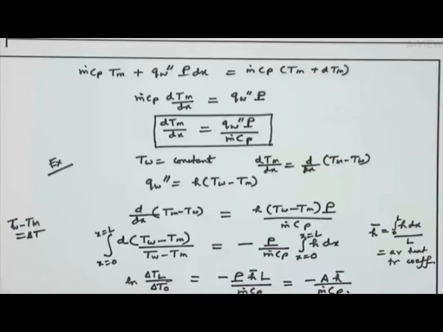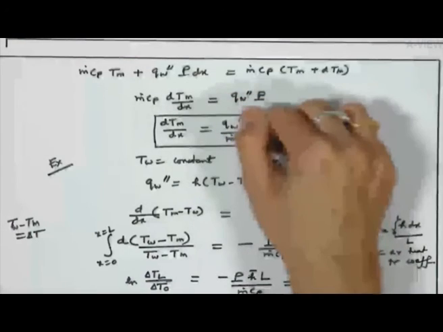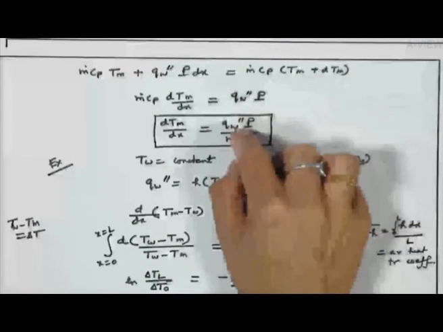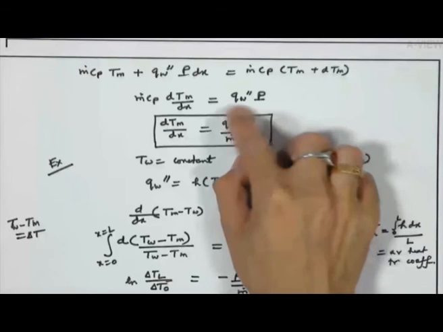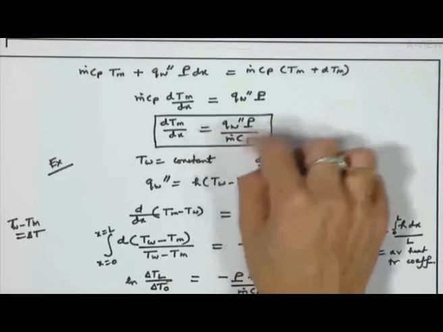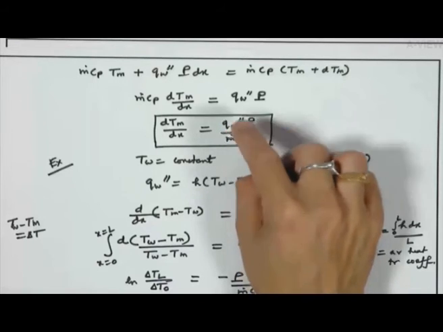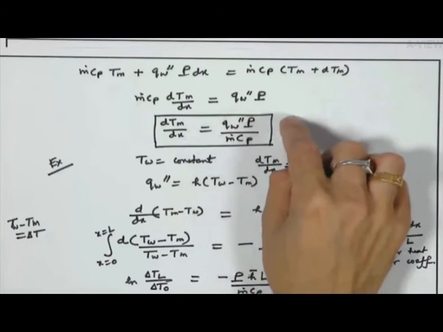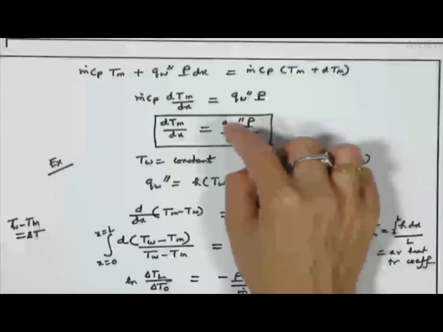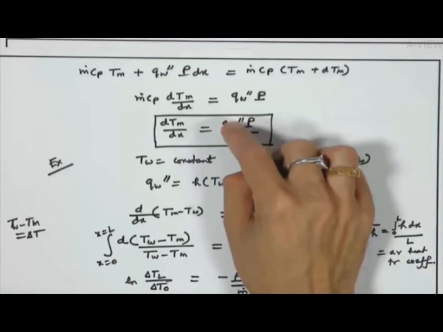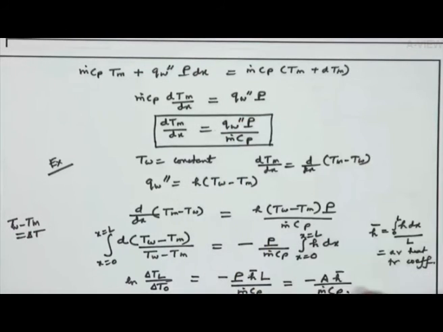What is that assumption? That axial conduction is neglected. So if you neglect axial conduction, this equation is valid. If the wall heat flux is constant, the entire right hand side is constant. That means dTm dx is constant no matter whether it is thermally fully developed or not, provided there is negligible axial conduction.